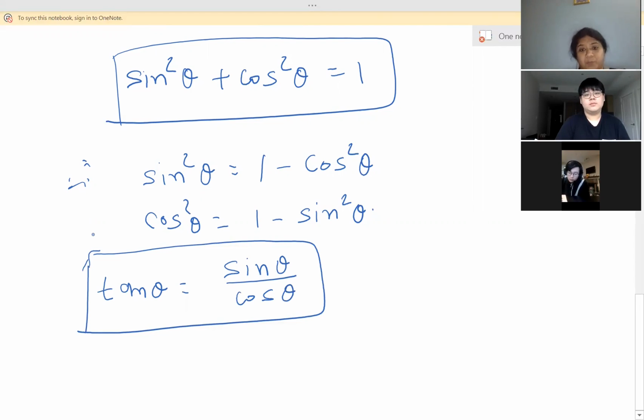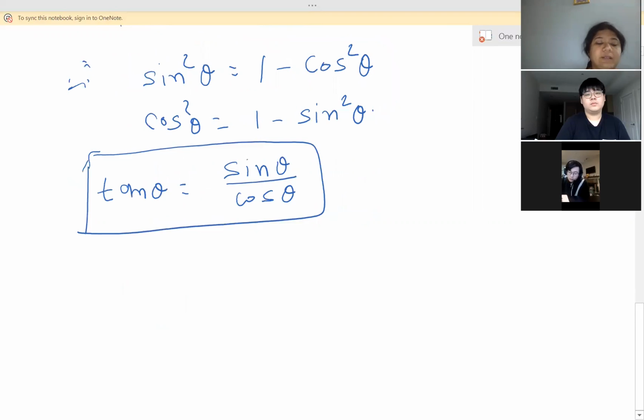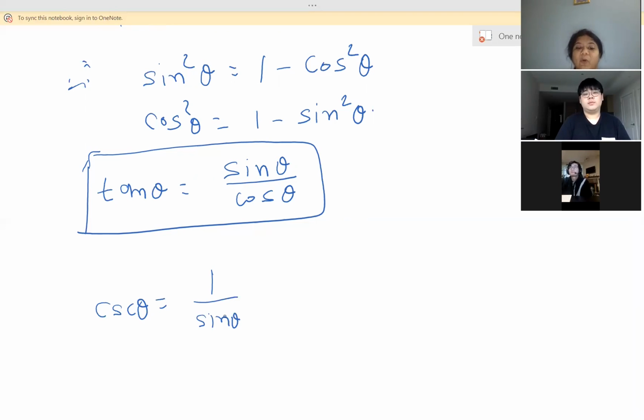Then I also have some reciprocal ratios: cosec theta is equal to 1 over sin theta. That means, as we learned, sin theta and cosec theta are reciprocals of each other. So if I multiply both of them, I will get my answer 1. Have a look.